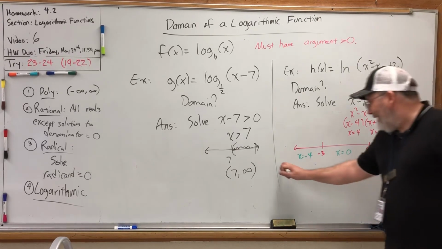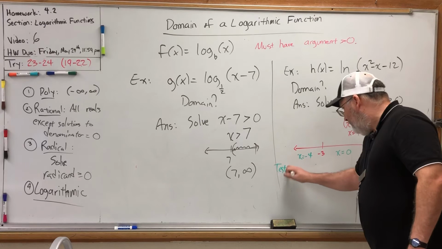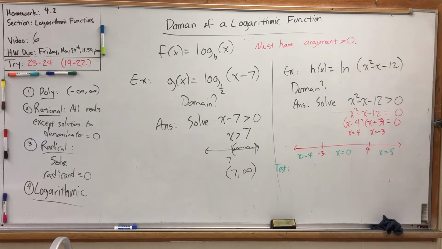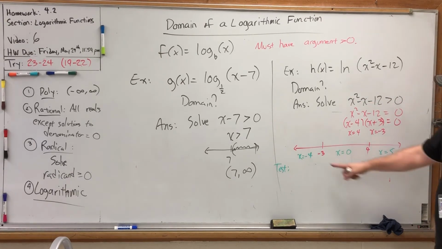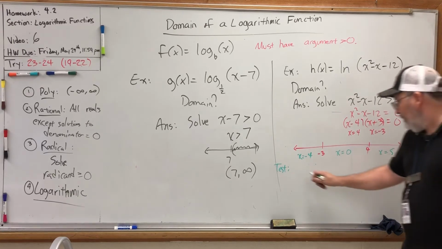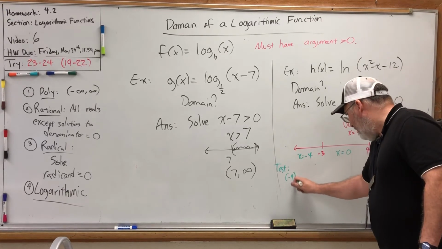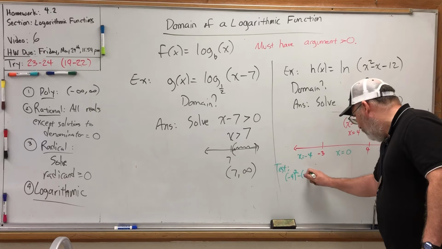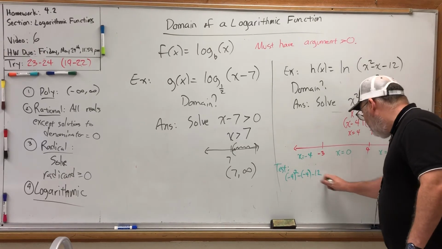And then you test in the original inequality. Honestly, we could test in the original inequality or its factored version, but for consistency, I'll just stick with the original. So I'm going to test negative 4 up here. Negative 4 squared minus negative 4 minus 12.